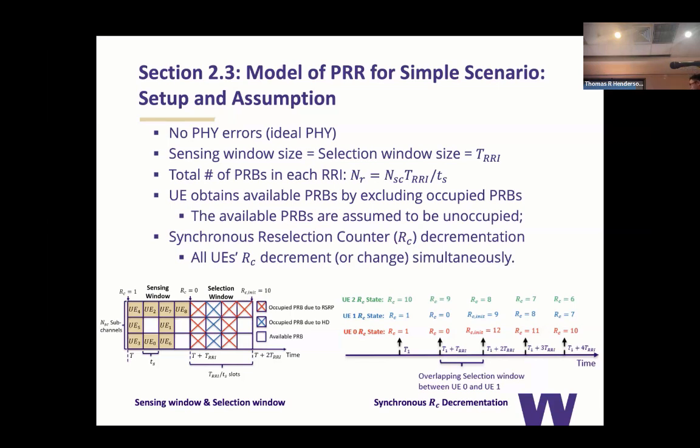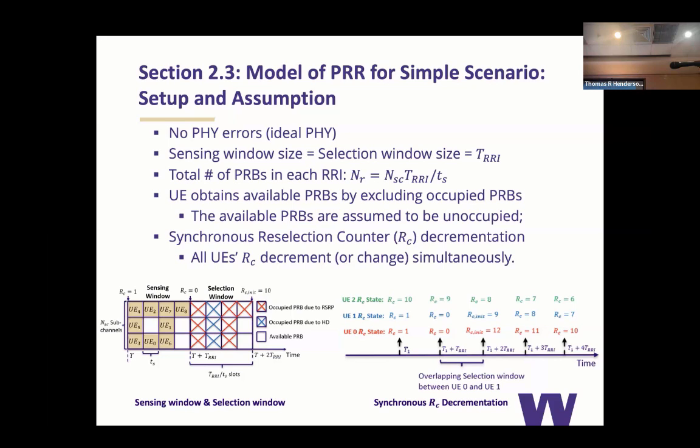Then after another RI, at T1 plus 2 TRI, because UE0 and UE1 entered the selection window at T1 plus TRI, UE0 and UE1 will initiate a new RC, which ranges from 5 to 15.